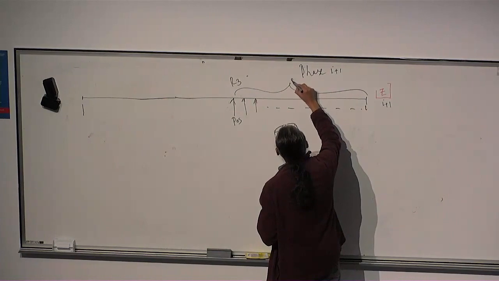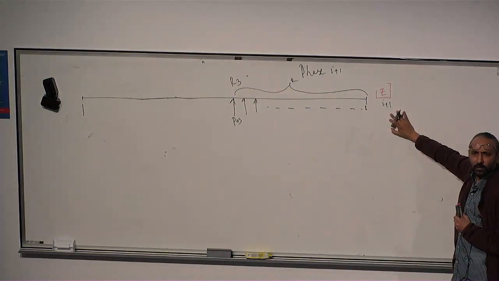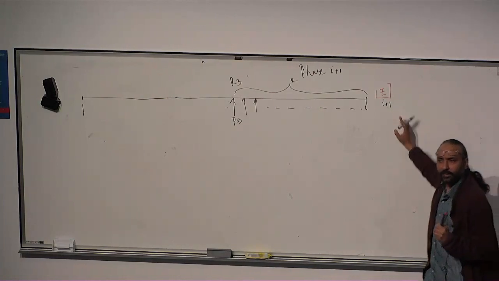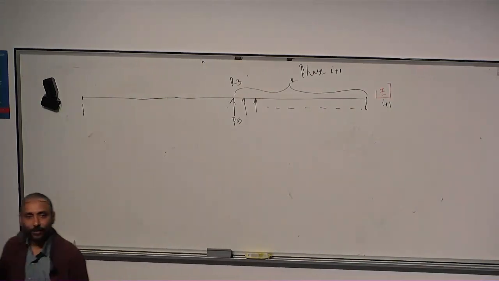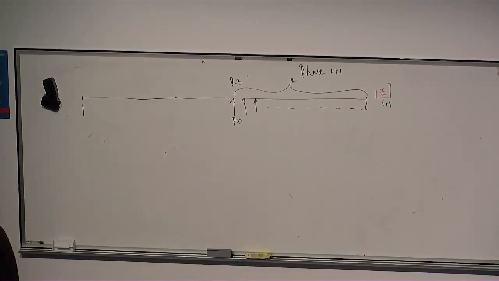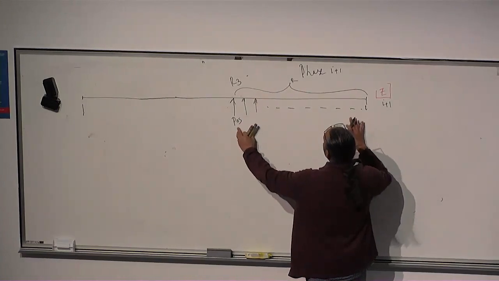Now the question is, what happens to I plus 1? Will I plus 1 be any other rule? Because remember, in every phase you have an extra suffix that you have to account for. What's the extra suffix? It's the single character suffix that is coming in. So we can prove that if you have seen alpha before, this is the alpha.